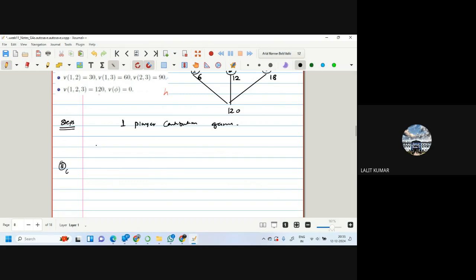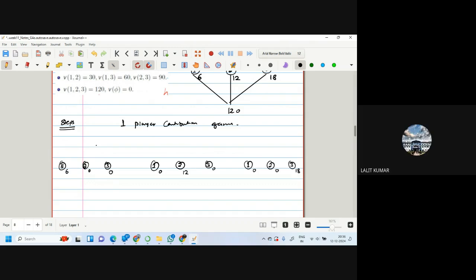So 1 is 6, 2 is 0, 3 is 0. Second, 1 is 0, 2 is 12, 3 is 0. Third, 1 is 0, 2 is 0, and 3 is 18.